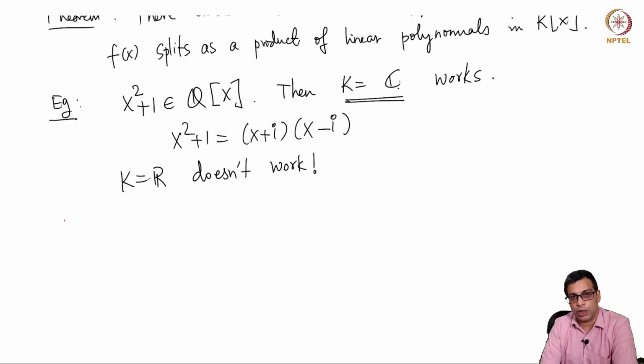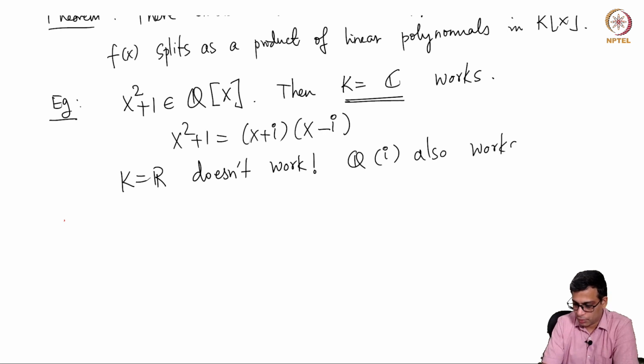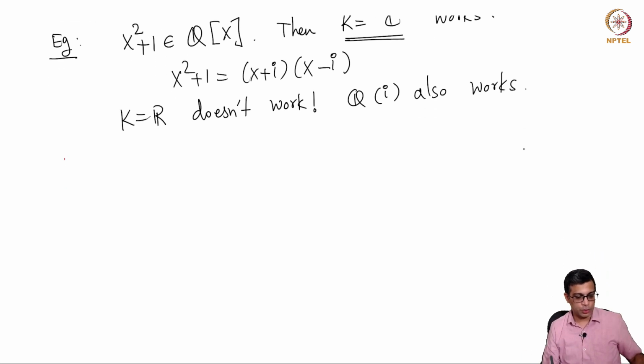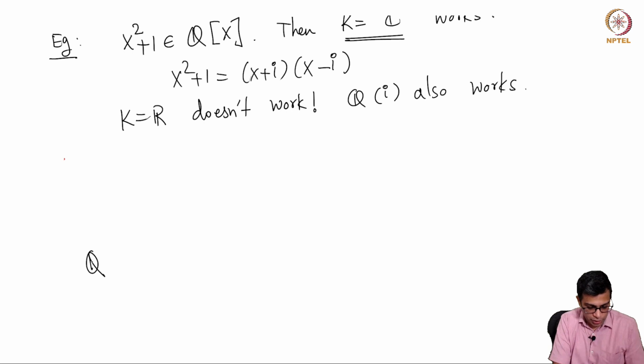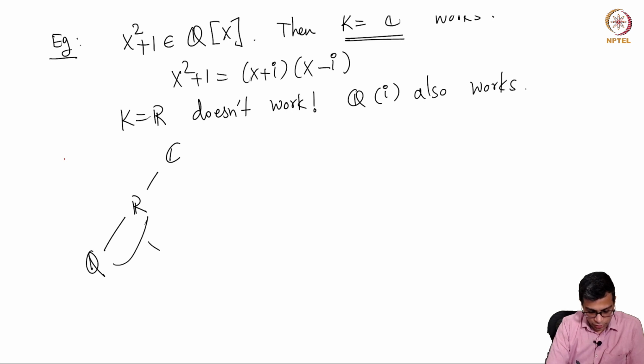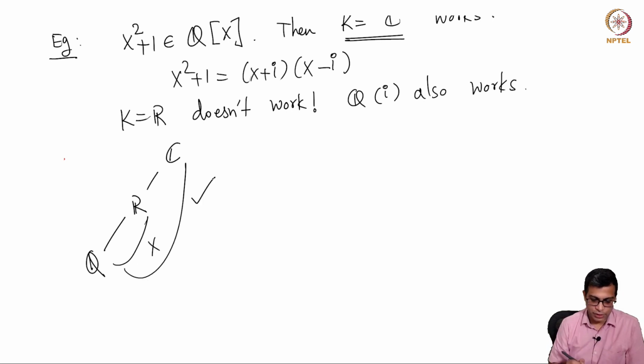You don't need to go all the way to C. Q adjoined i also works, right? So the interesting thing is you have Q here, R here, C here, doesn't work here, it works here.